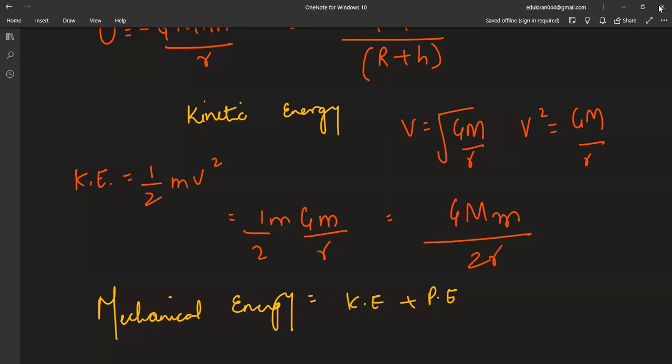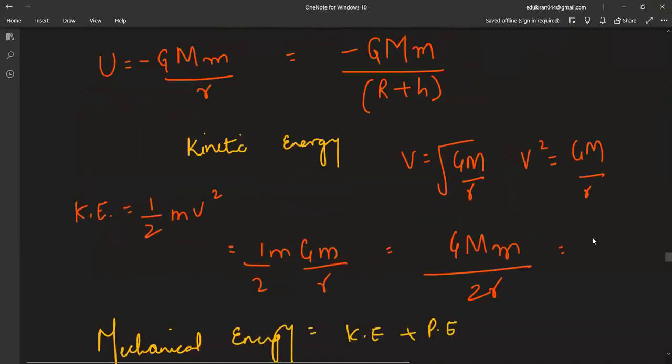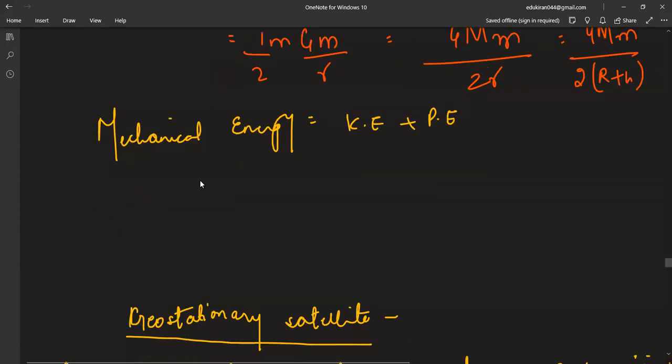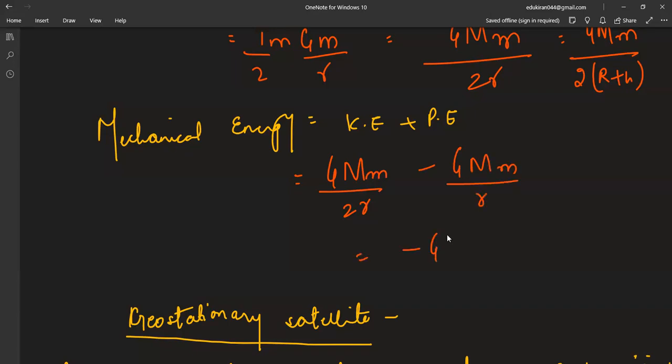So what is the total energy? Again, you have to put in R plus H whenever this is needed. Now, when we are talking about the mechanical energy, it means kinetic plus potential. So GMm by 2R minus GMm by R is equal to minus GMm by 2R.